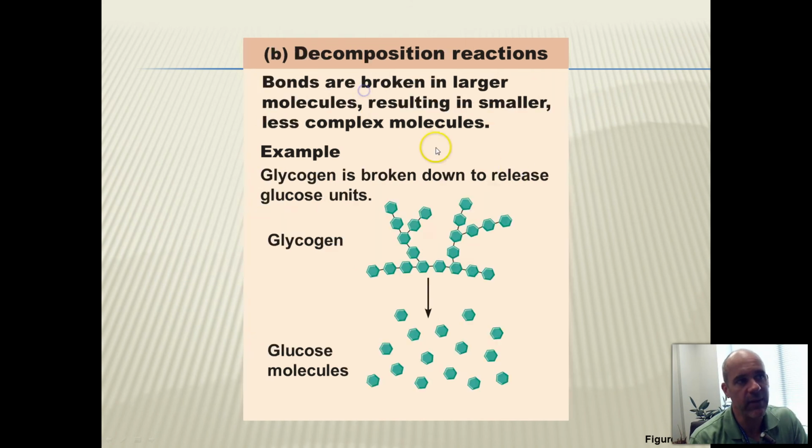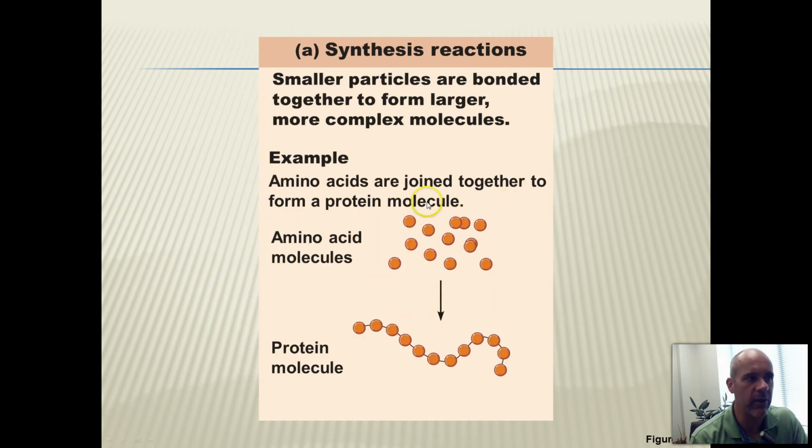All right, so an example of a synthesis reaction, which you will hear about a lot in biology, would be when you take smaller molecules that are represented by these brown circles here, and these are called amino acids. We'll be talking about those later. You've no doubt heard of amino acids before. And when they get bonded together in a chain, they form what we call a protein.